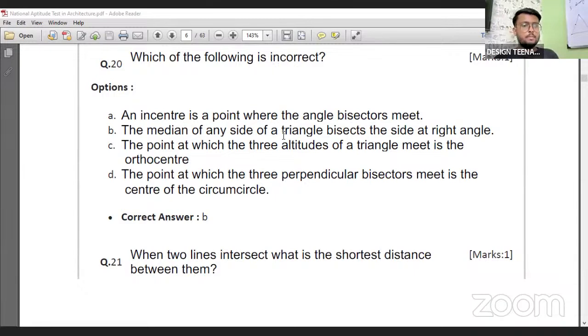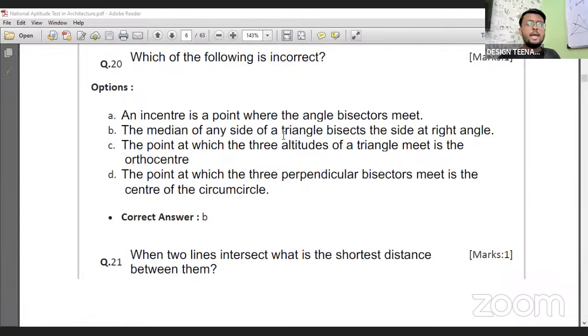So it's telling that the median of any side of a triangle bisects the side at right angle. If we consider that this is the median, and from here we draw it, it will bisect at right angle. That will not happen. If it had to bisect at right angle, it always had to be a perpendicular line drawn to the other point. This is not always true, because we will not always have a regular triangle.